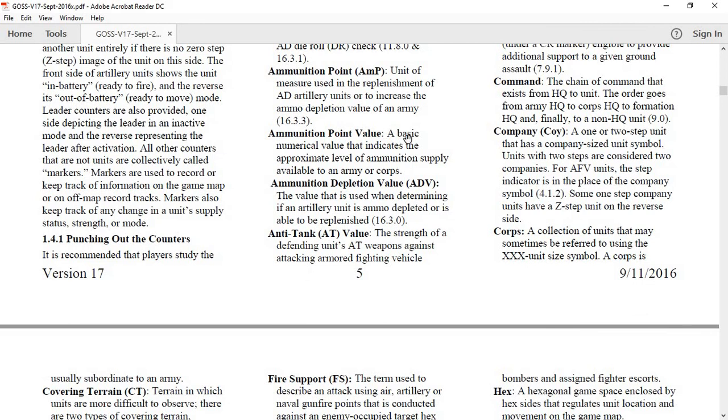Ammunition point value, a basic numerical value that indicates the approximate level of ammunition supply available to an army or corps. Ammunition depletion value, ADV, the value that is used when determining if an artillery unit is ammo depleted or is able to be replenished. AT, anti-tank value, the strength of a defending unit's AT weapons against attacking armored fighting vehicles.